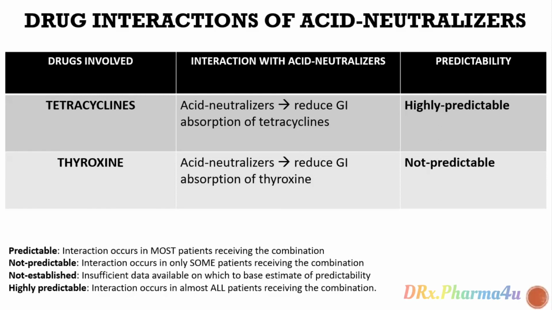That is why it is always advised that tetracyclines and acid neutralizers should be kept apart, should not be given concurrently. And as you know, tetracyclines are broad spectrum antibiotics, so they have a huge list of side effects and are used only in selective conditions. So this is a highly predictable drug interaction.